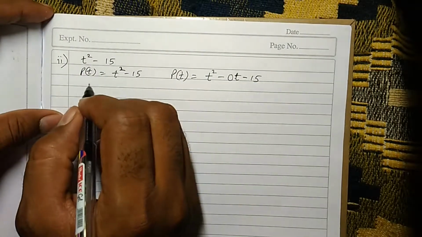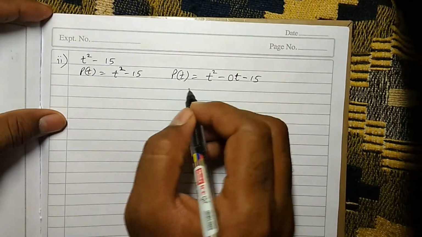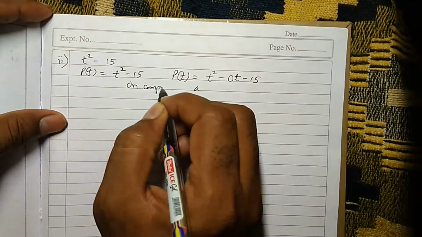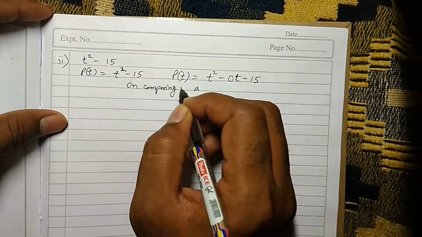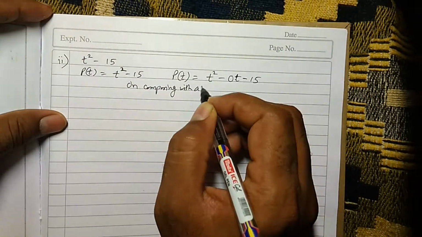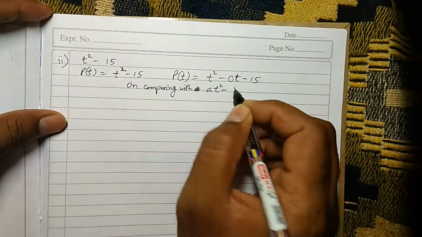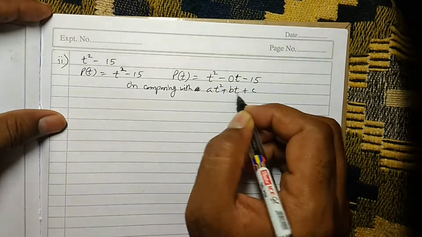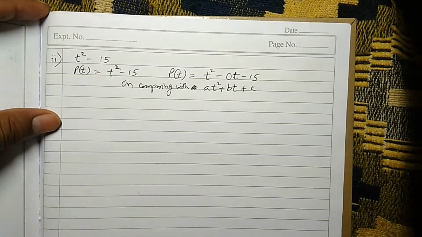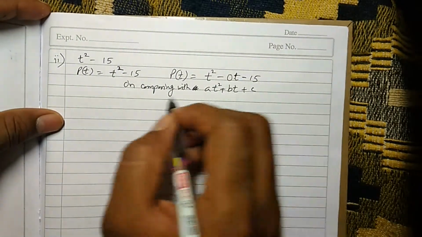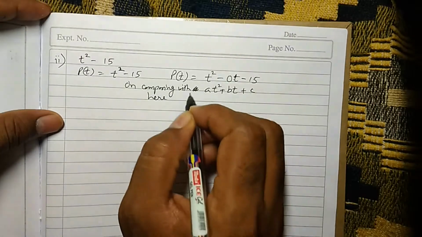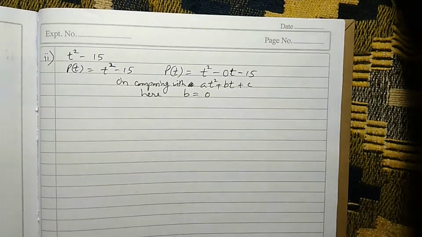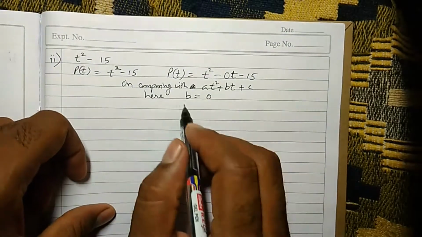Now if you compare with the standard equation, that is at square plus bt plus c, you can see that here b equal to 0.